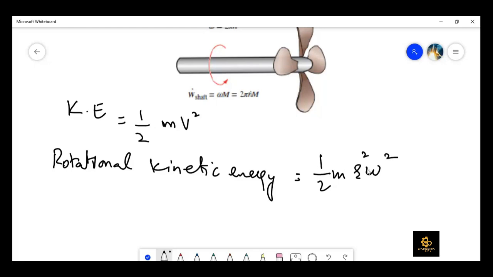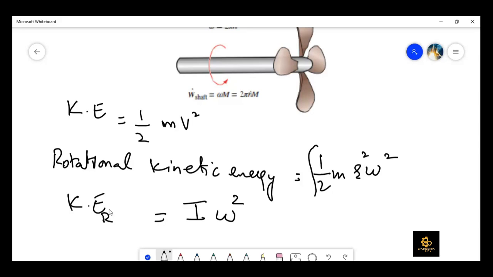And if it is the rotational kinetic energy of a point and we want the kinetic energy for the whole system, we need to integrate over delta m. So it would be equal to half I omega square, where I is the moment of inertia. We call it K_R, R represents rotation.